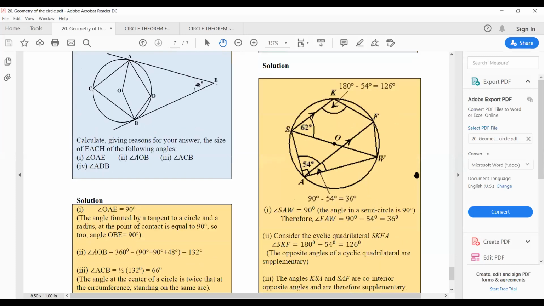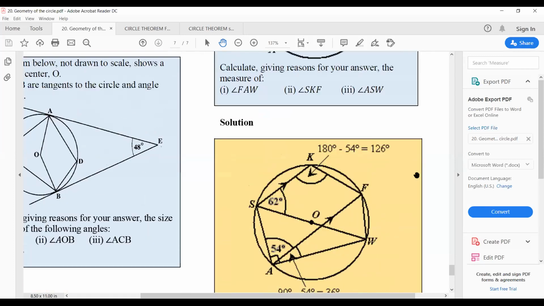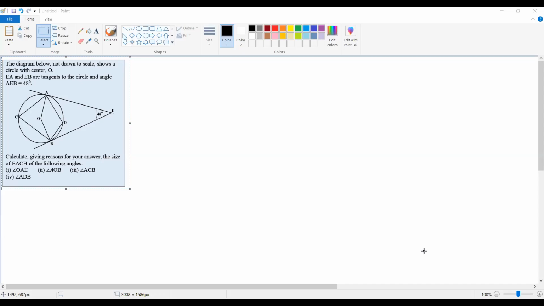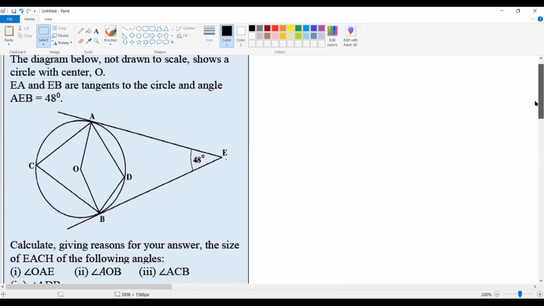Question 7 now. One moment. Your mic's on, it sounds like a pot bubbling.